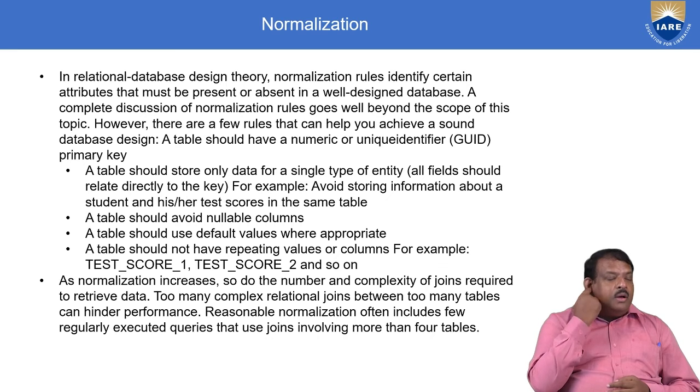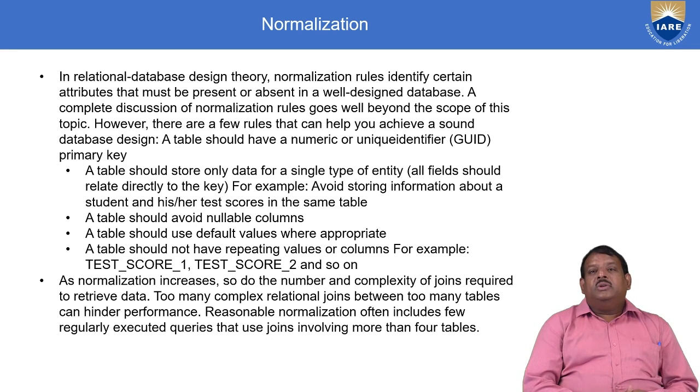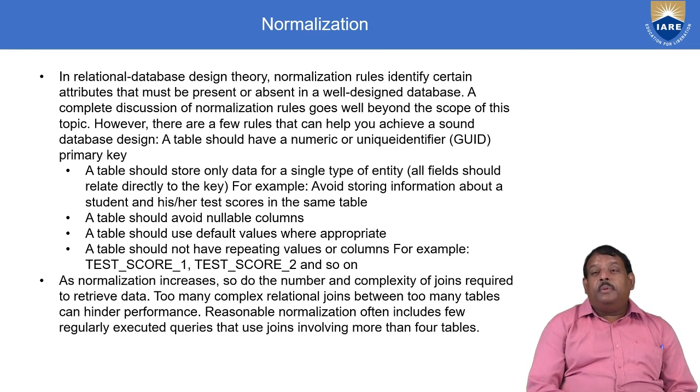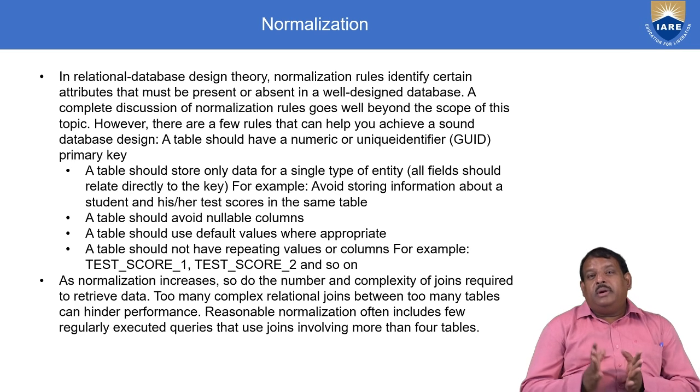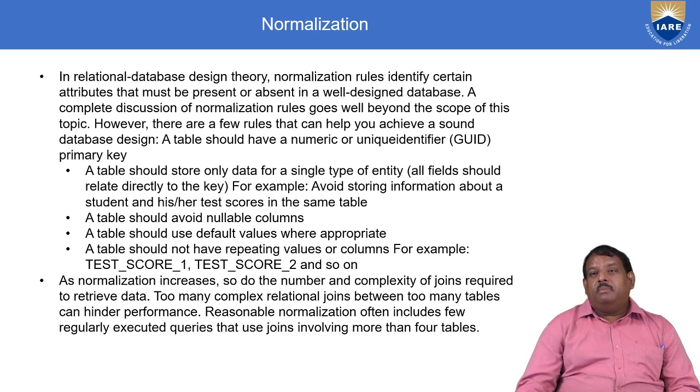As normalization increases, the number and complexity of the joins required to retrieve data also increase. As part of normalization, you're breaking your data into multiple tables. To display it back to the user, you have to join all these tables once again, so you have to use joins. Complexity and the number of joins are going to increase.